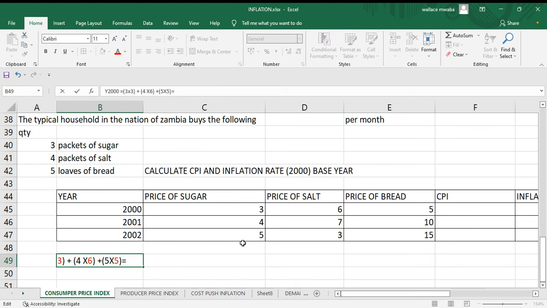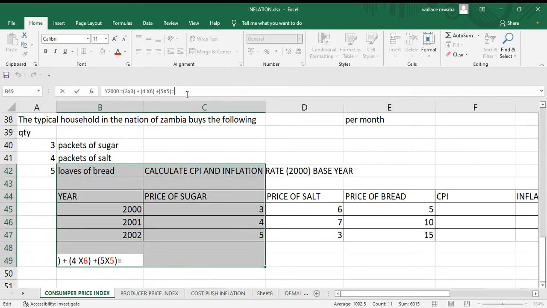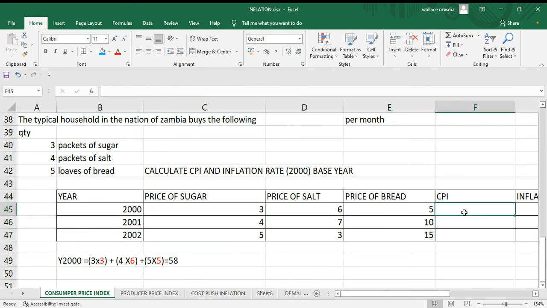So 9 plus 24 plus 25, we get 58. So we're going to put here CPI 58.